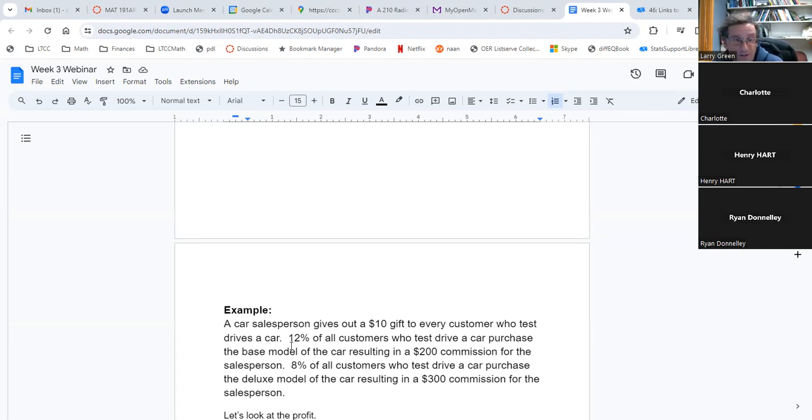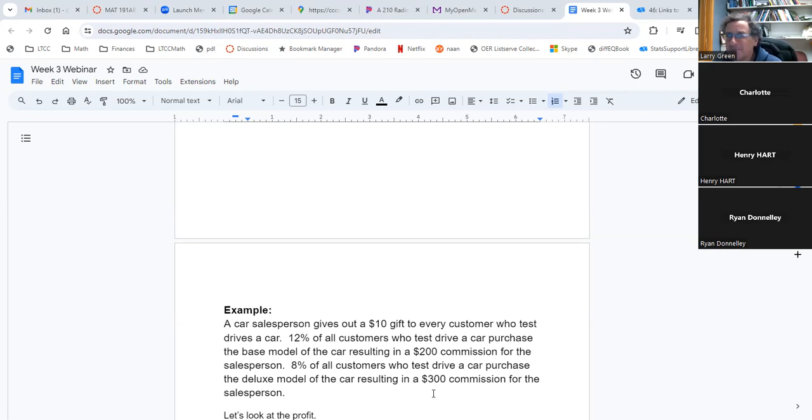Okay, so 12% of all customers who test drive the car purchase the base model of the car, resulting in a $200 commission for the salesperson. 8% of all customers who test drive the car purchase the deluxe model of the car, resulting in a $300 commission for the salesperson. Okay, sounds pretty good, doesn't it? What do you think?